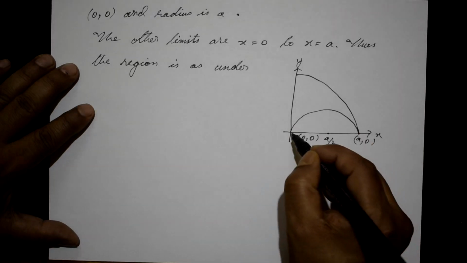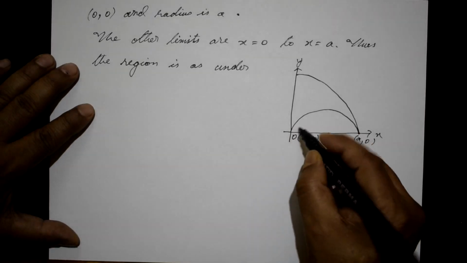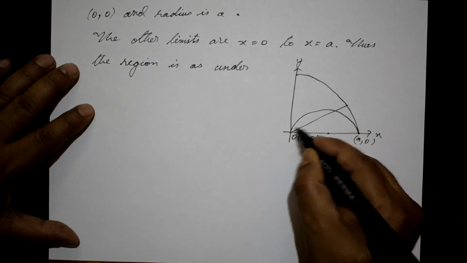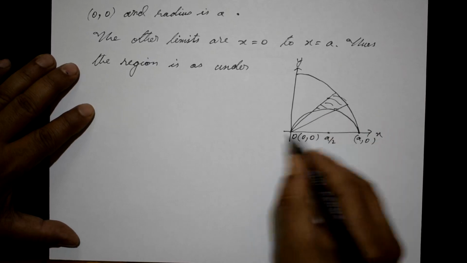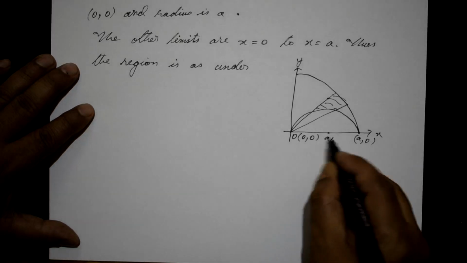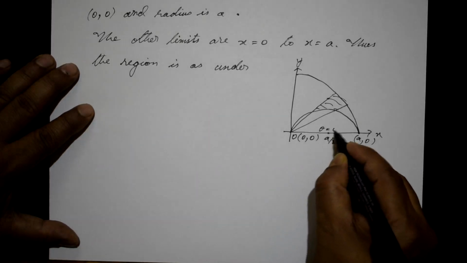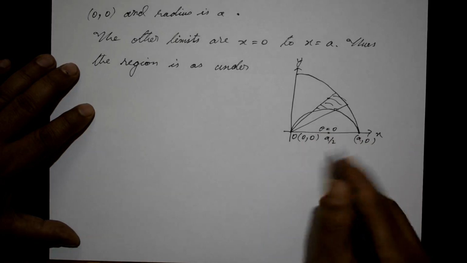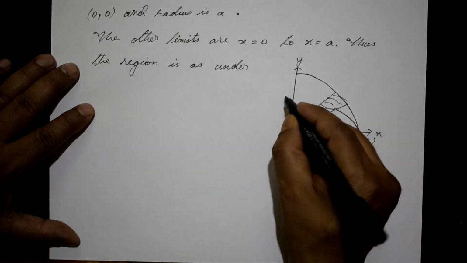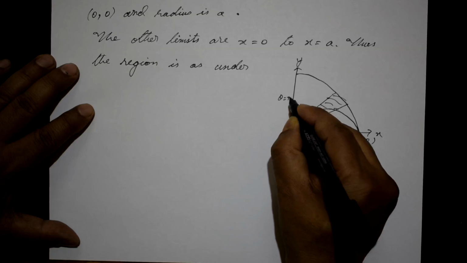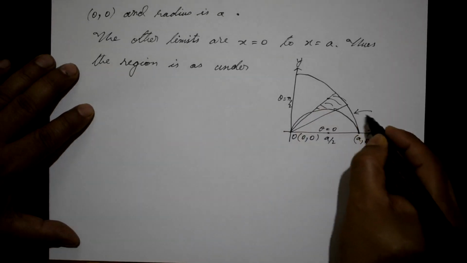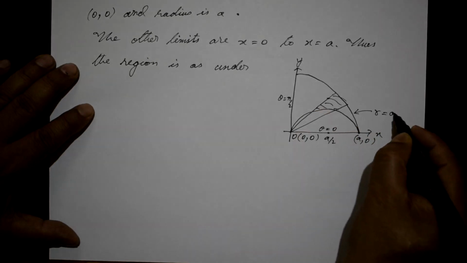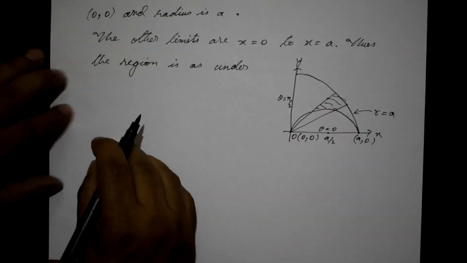Now, this is the bigger circle and this one is the smaller circle. Now, the region we draw is between these two circles. That is our region of integration. Now, this line represents theta is equal to 0 and the y-axis is represented by theta is equal to pi by 2. And this line is represented by r is equal to a.